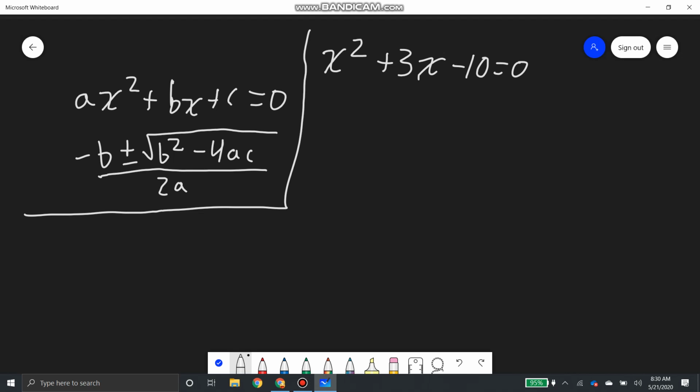So, something that's important to do is to create an a equals something, b equals something, and c equals something. Right over here is where you'll have your a. Right here, as you can see, there is nothing, but you can put an imaginary 1, since 1 times x equals the same thing.